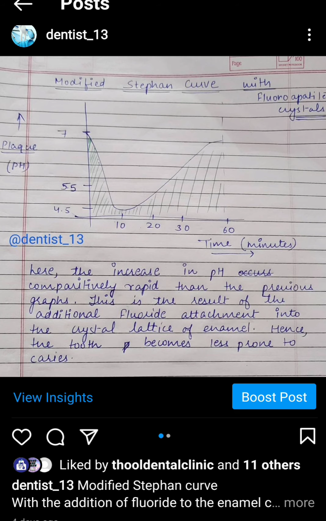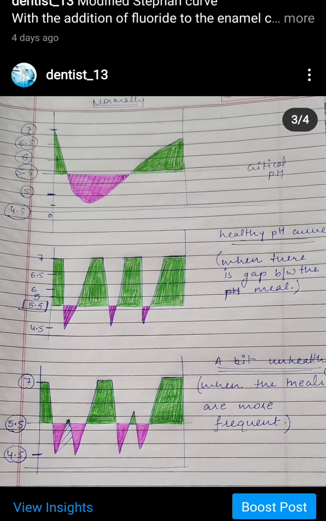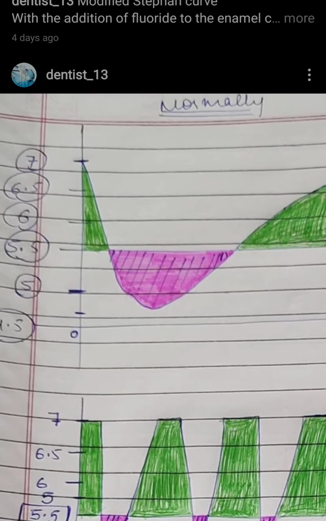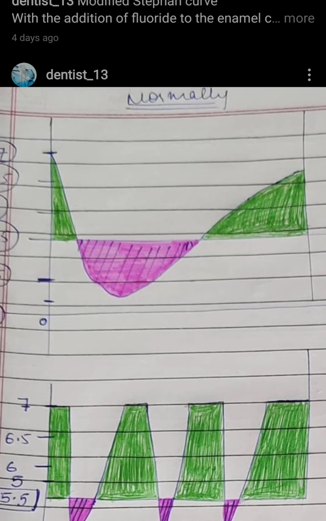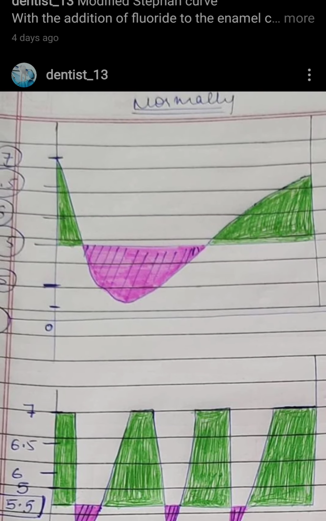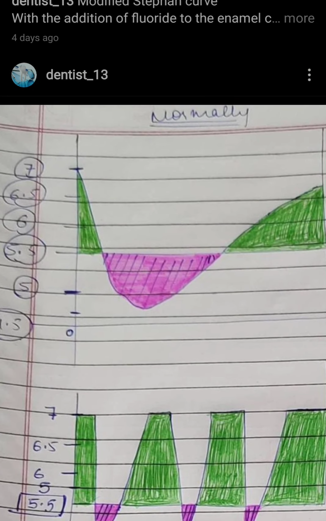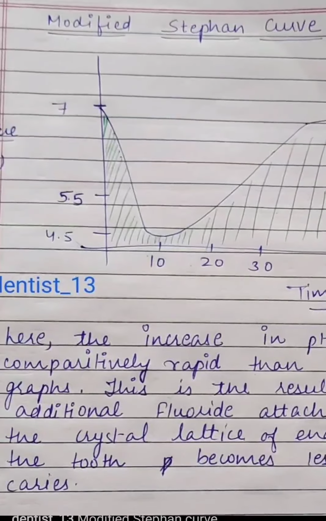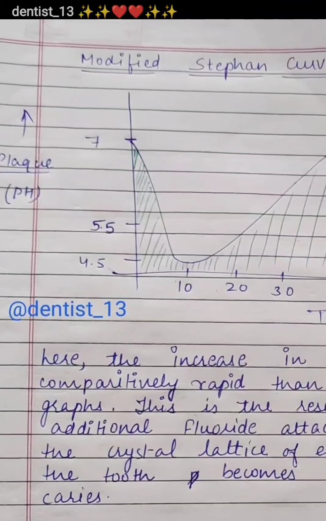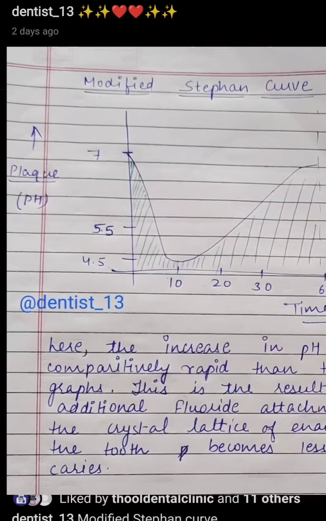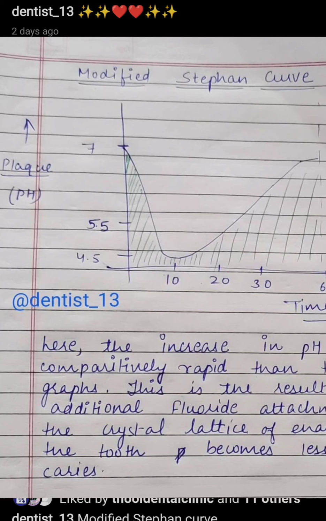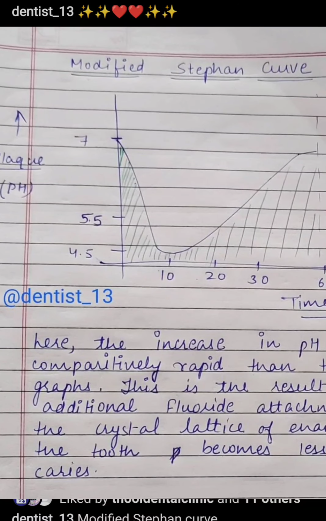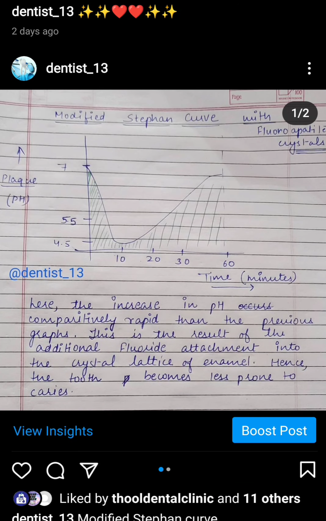As we have seen earlier in this graph, for a normal hydroxyapatite crystal, the 4.5 pH is harmful for the enamel, but this 4.5 pH is not harmful for the hydroxyfluoroapatite crystal built up enamel.